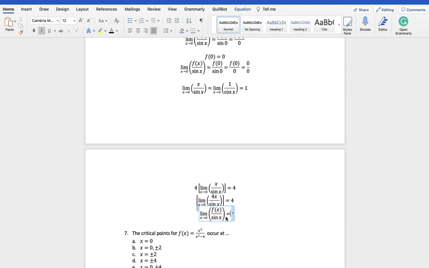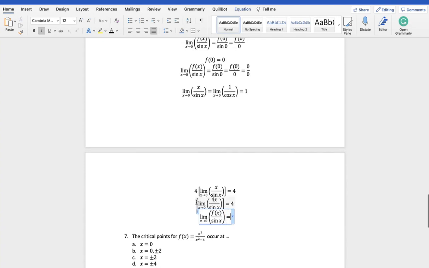If you compare it to what we originally had, then your f of x has to be equal to 4x.